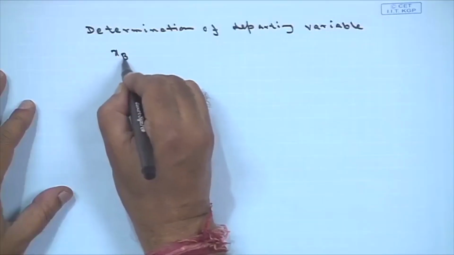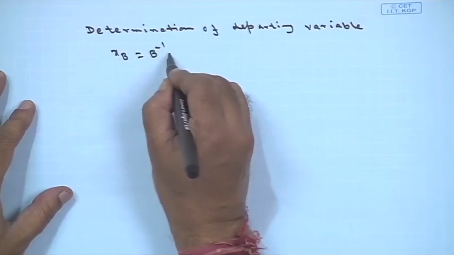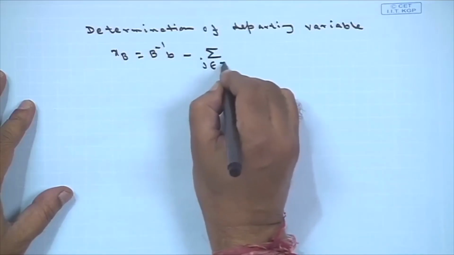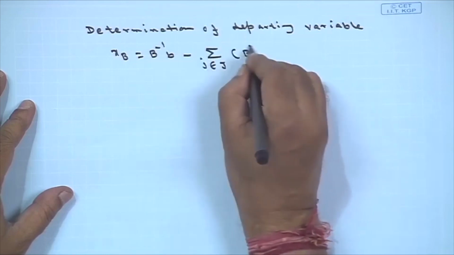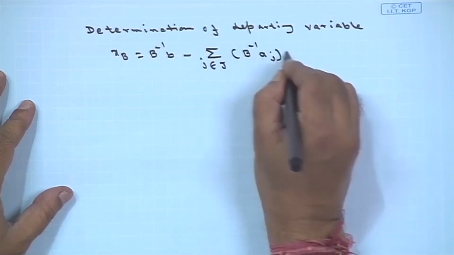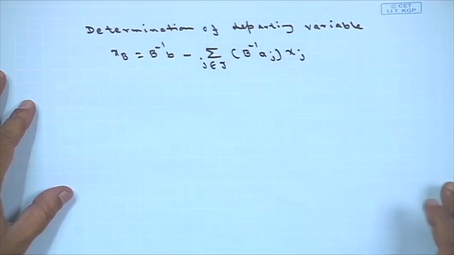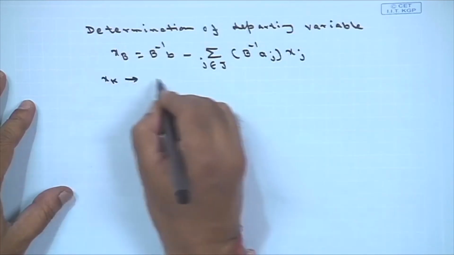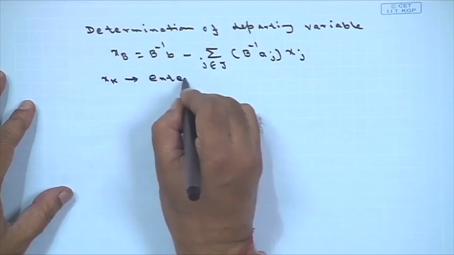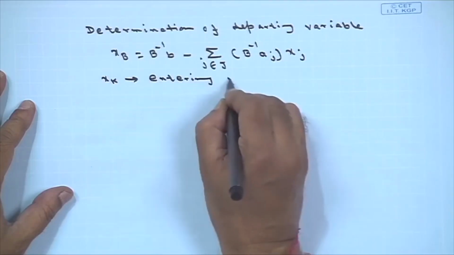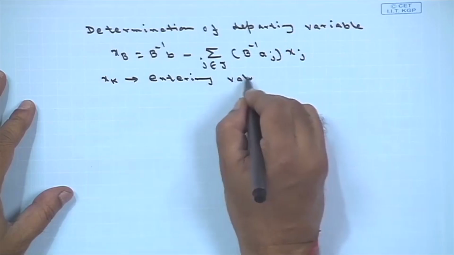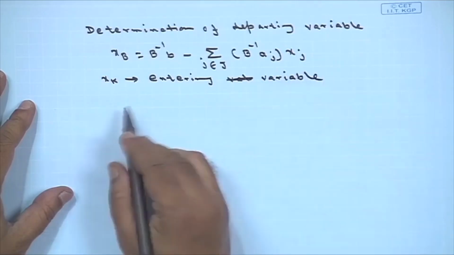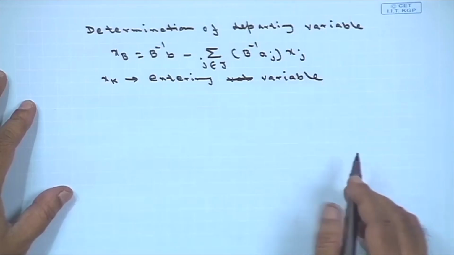You know your xB is equal to B inverse b minus summation over j belonging to J of B inverse aj into xj. Now, suppose xk denotes the entering variable. So, first I am choosing which one will be the entering variable. So, I am choosing xk as the entering variable.